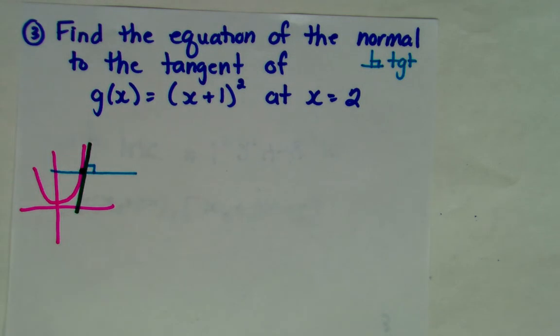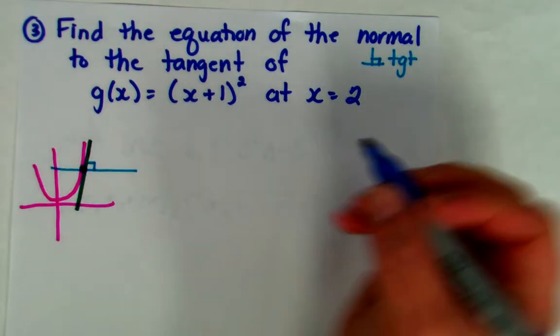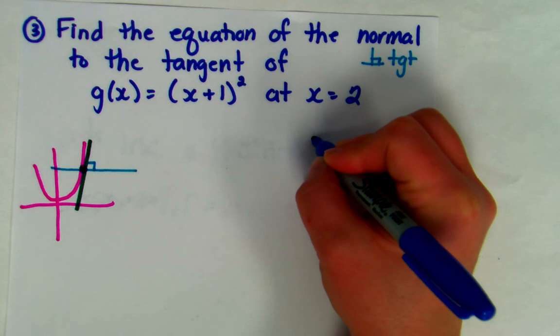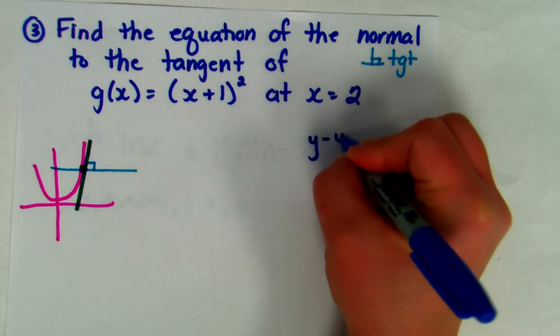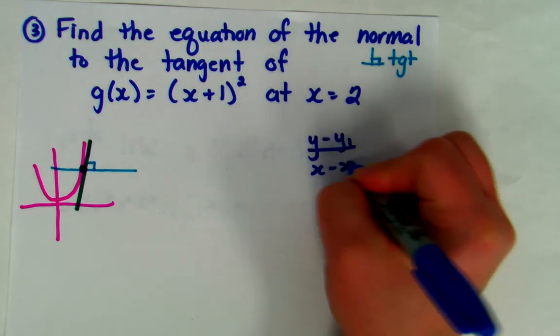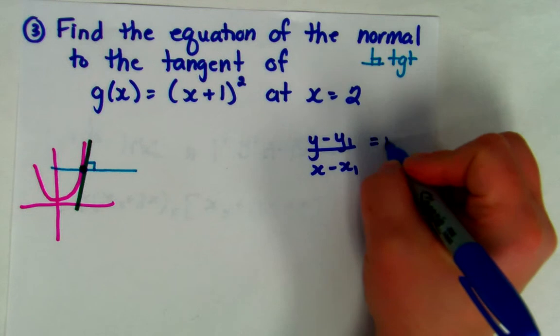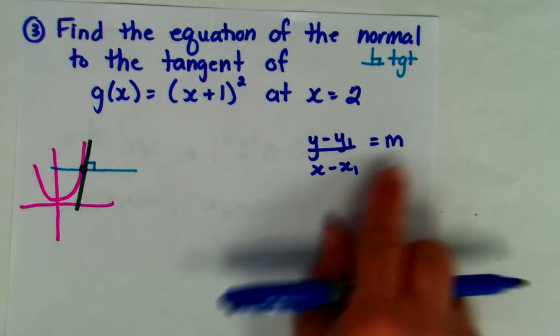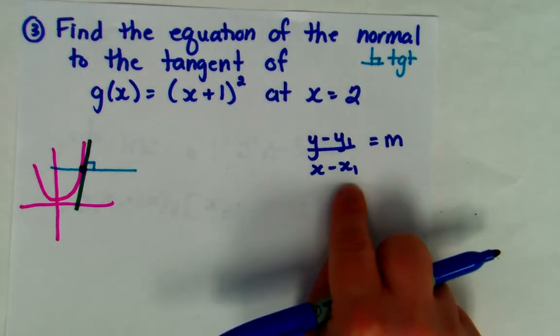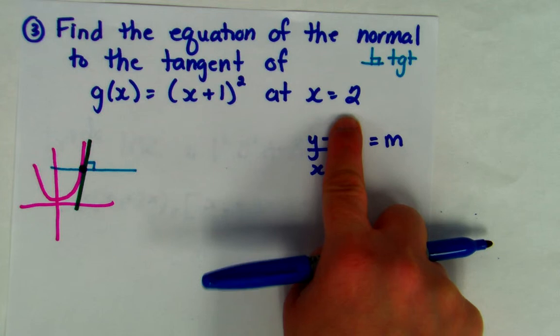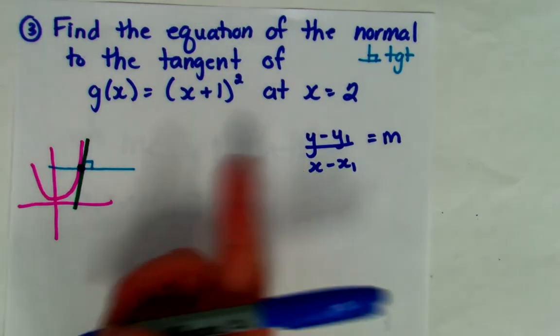So I need this point first, because remember we have looked at this. In order to find the equation of any line, whether it's a normal or a tangent, we use the modified slope formula, where I need the slope of the line and a point. I know x equals 2. I need to figure out what the y is.